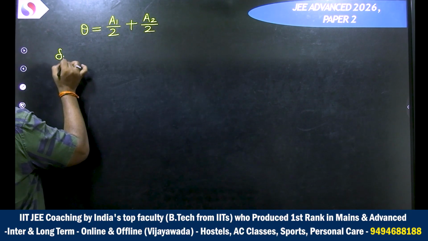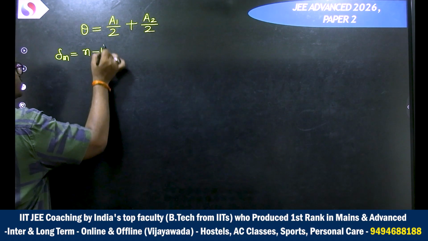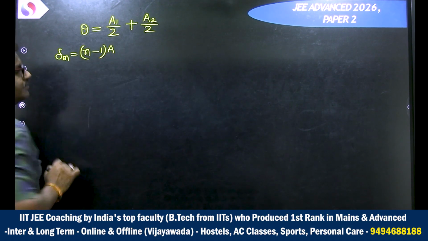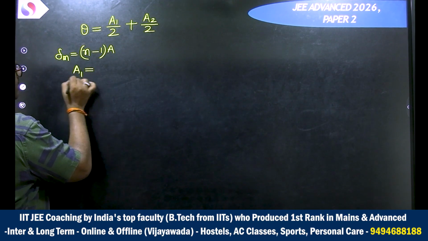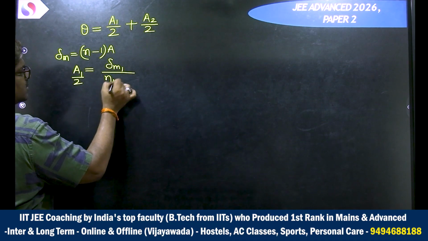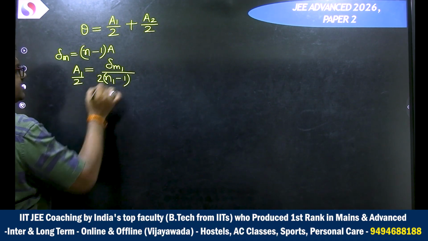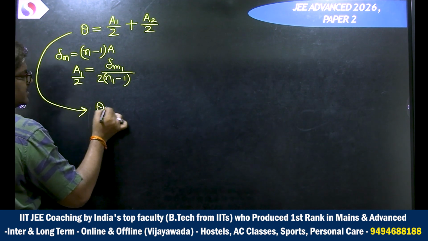A minimum deviation is n minus 1 into A. Alright, that means this A1 by 2 you can write as delta M1 upon N1 minus 1, and this 2 is as it is. Similarly A2, so if I substitute this value here, what is the theta value I am getting?